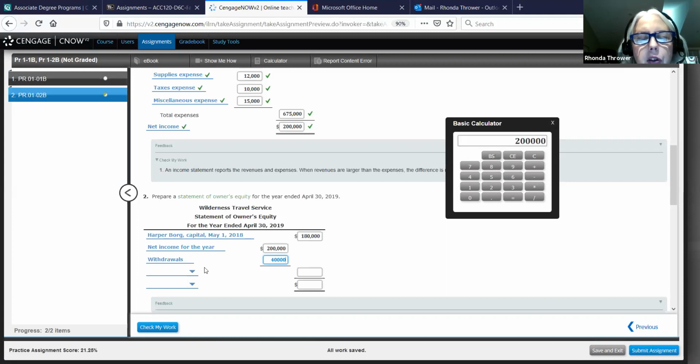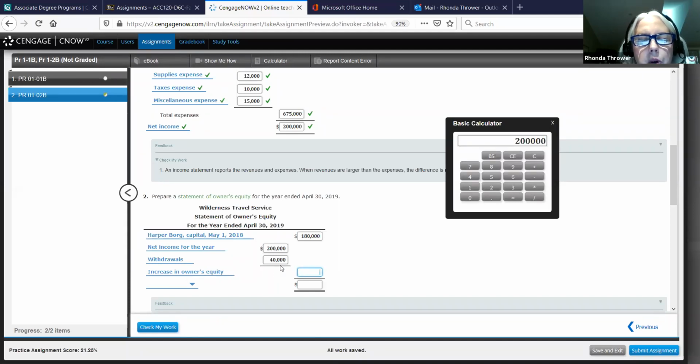The next thing you need to do is compare your net income to the amount that the owners have taken out of the business for personal use. In other words, we're going to subtract our withdrawals from our net income. If the amount is positive, it will give us an increase in owner's equity.